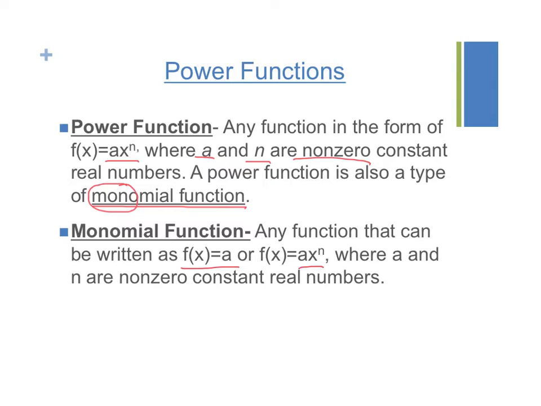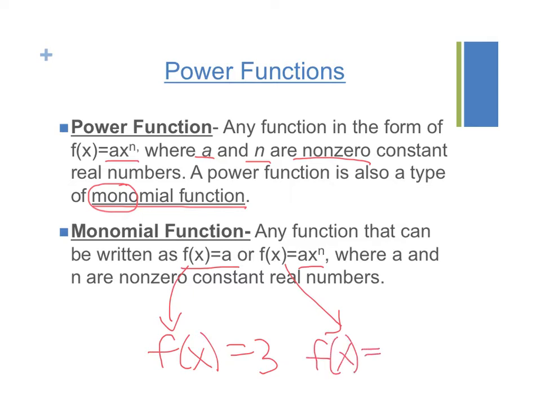You could have just f(x) = 3, or you could have f(x) = 2x to the second, which would be an example of ax to the nth power, where both a and n are non-zero constant real numbers.